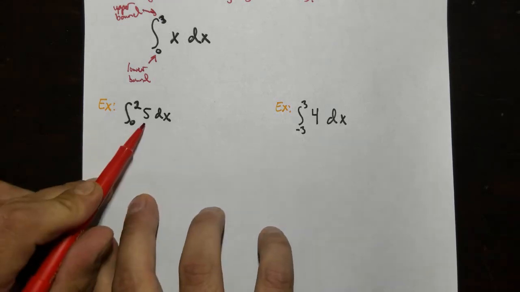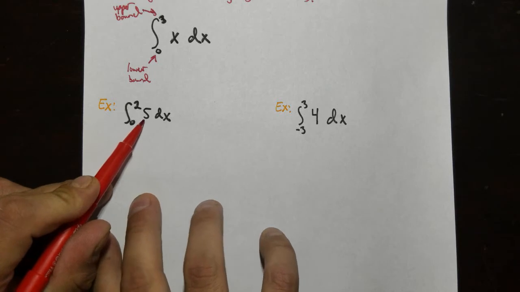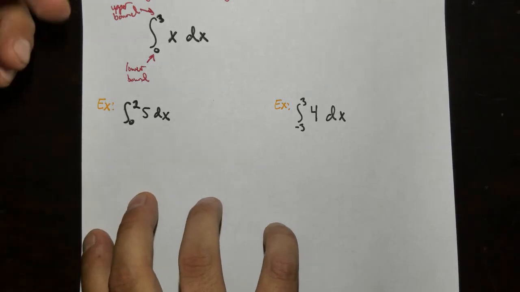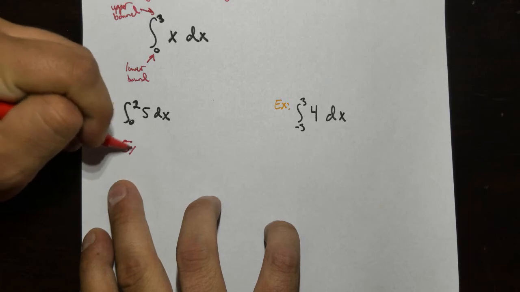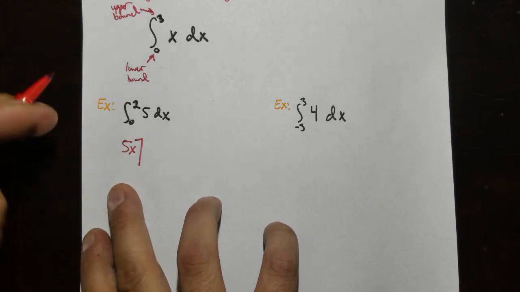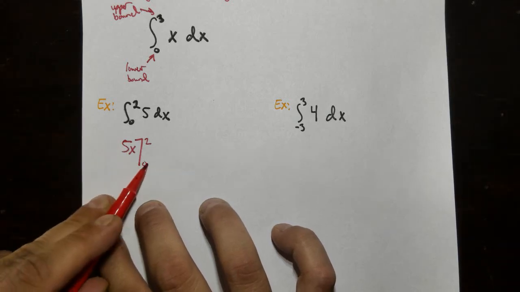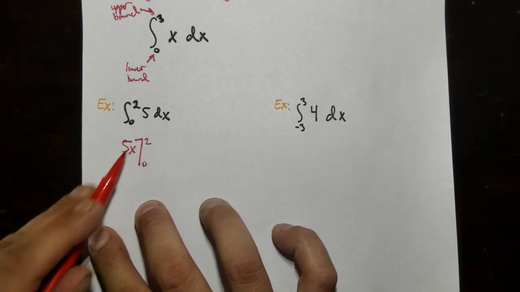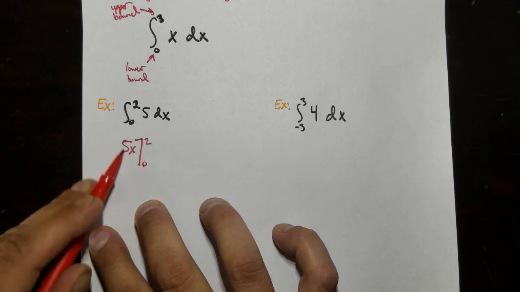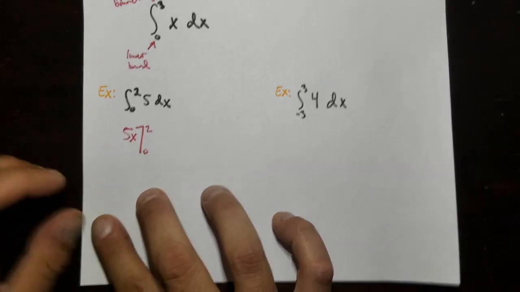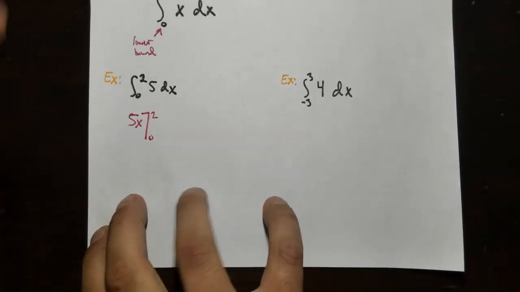So the antiderivative of 5 would be 5x. And then this symbol right here shows that we've taken the antiderivative already, and we want to evaluate it from 0 to 2.